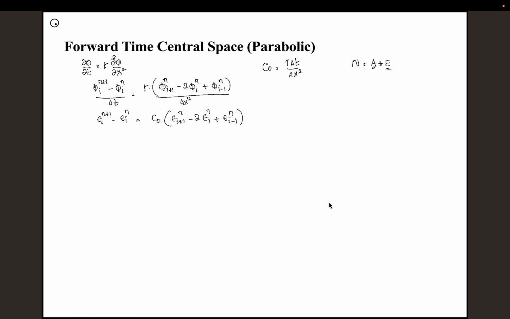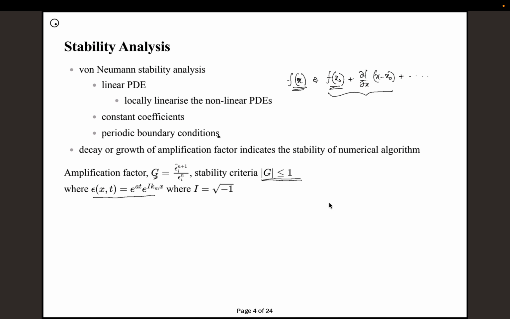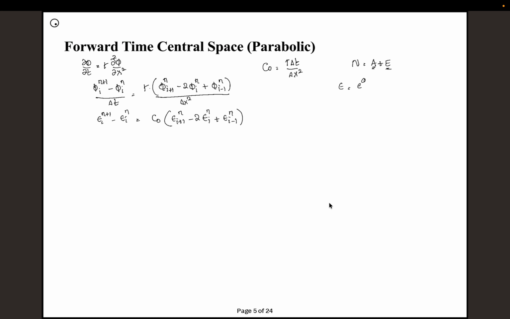So all we have to do now is take one term of this particular form. This will say how the error grows as a function of time. This is basically one term within the Fourier series of that particular function epsilon of x comma t.